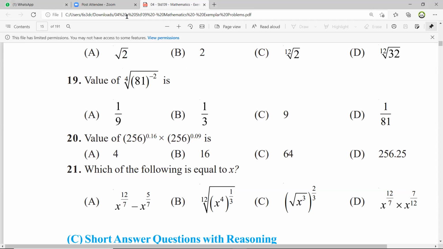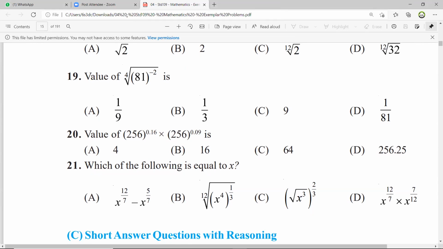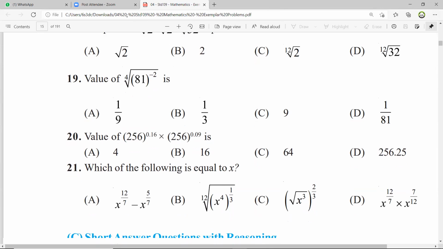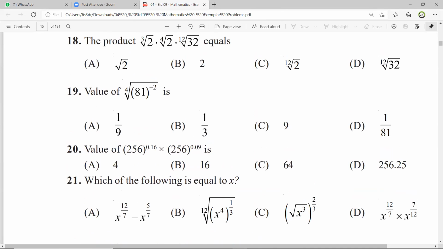Should we do this together, or can you do this yourselves? Twenty. If you're not able to understand the question, just ask and we will try to solve this together.